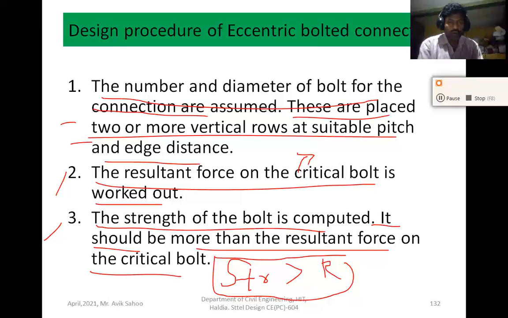The pitch you consider should not be less than the minimum and not more than the maximum, and you also have to ensure that the connection is economic. The second step is to calculate the resultant forces on the critical bolt. Then the strength of the bolt is computed, and finally you verify that the strength of the bolt is more than the resultant force.